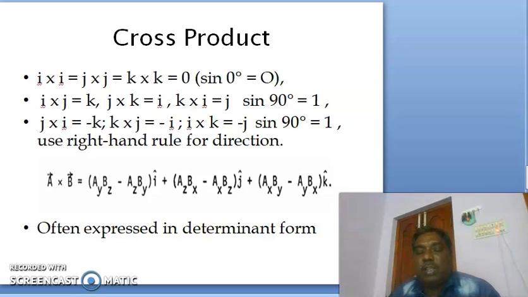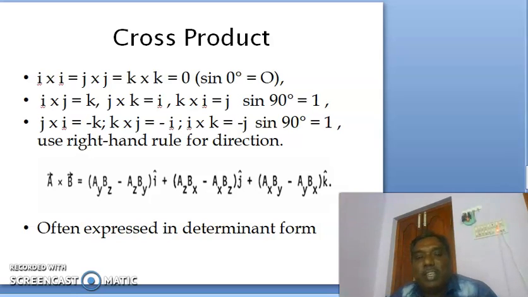The next one is the vector cross product. Here for the cross product, i cross i is equal to j cross j is equal to k cross k is equal to 0, as sin theta is equal to 0.